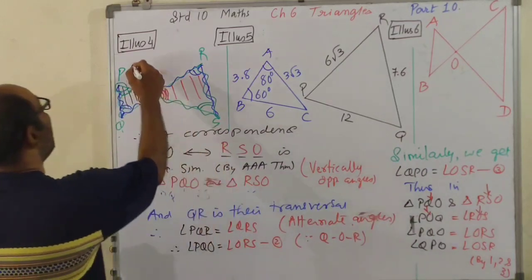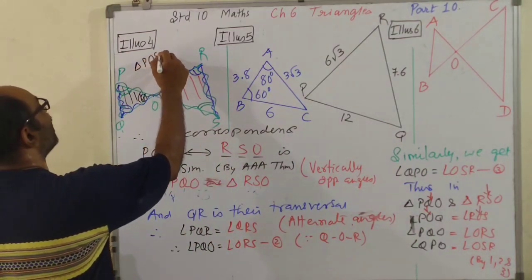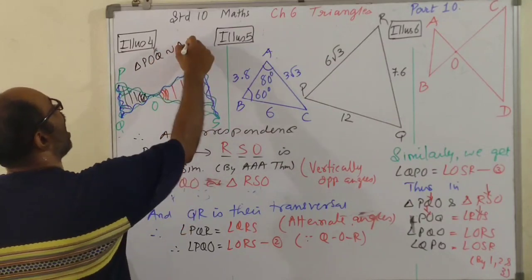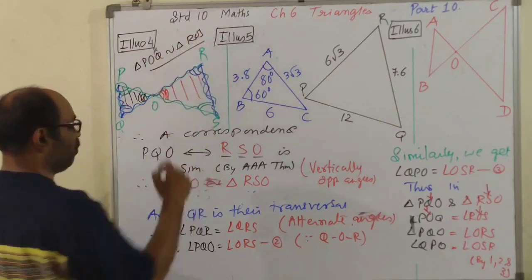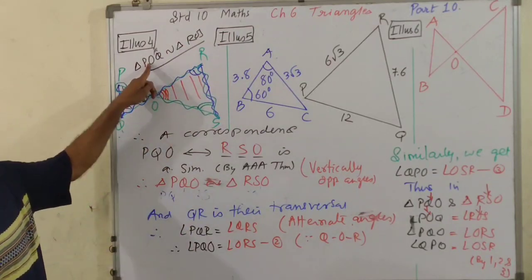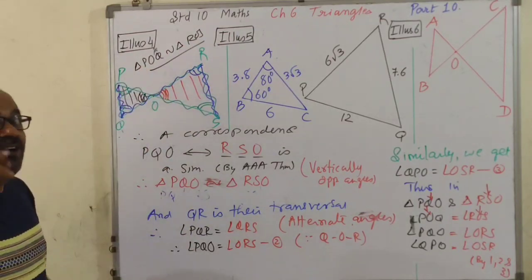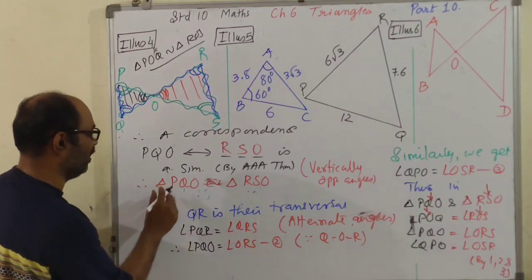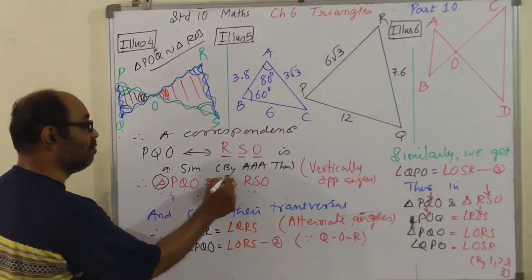What is written there is triangle POQ is similar to triangle ROS. This is what we have to prove. Here PQO came and we need POQ. Look, here we can use the triangle symbol.